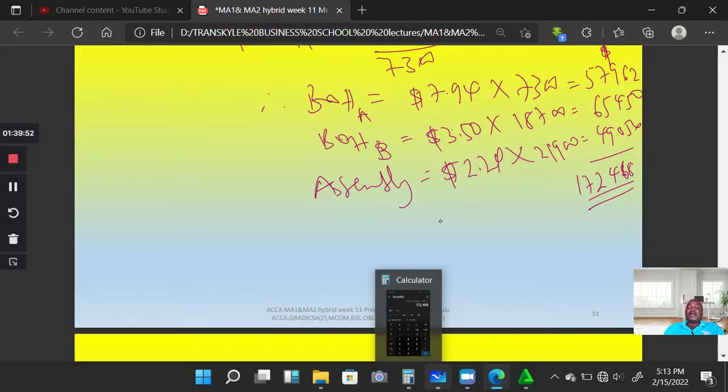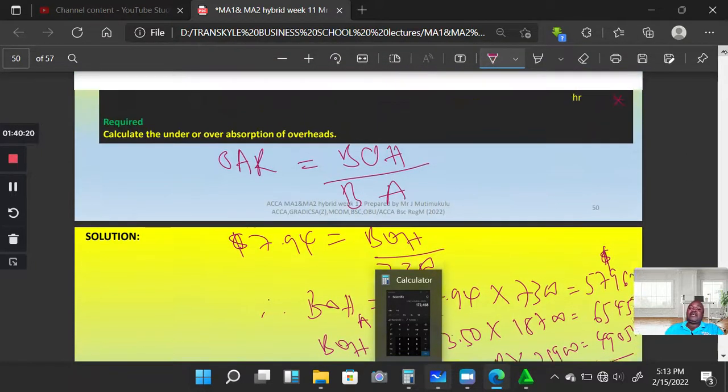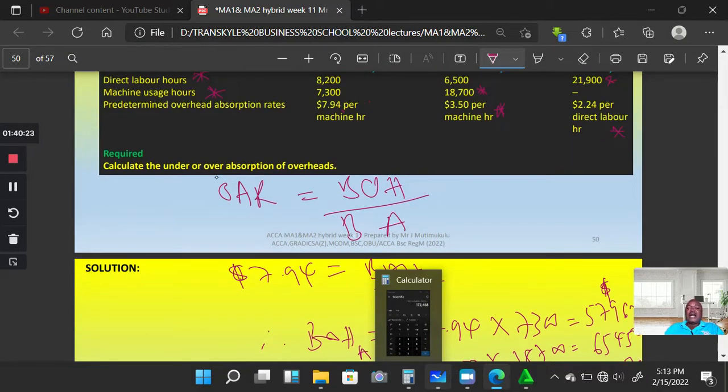This was overheads absorbed or budgeted for in total. Now the question is saying, calculate the under or over absorption of overheads.